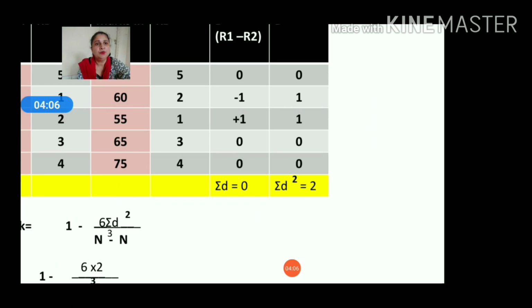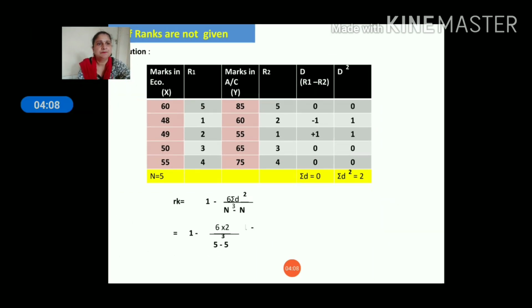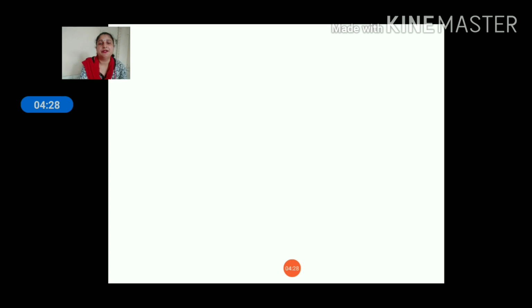So the final value we have received is 1 minus 12 upon 120. Now 12 divided by 120 we will get 0.1. So 1 minus 0.1 we will get 0.9, which is a high degree correlation. This is one method when ranks are not given.